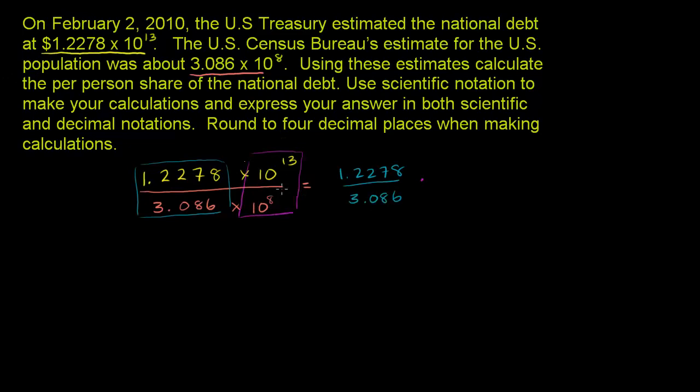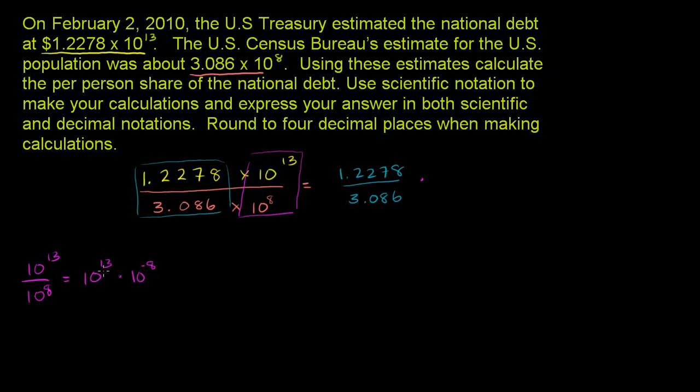Now what's 10 to the 13th divided by 10 to the 8th? Let me do it over here. The way I think about it, this is the exact same thing as 10 to the 13th times 10 to the negative 8. If you have a 10 to the 8th in the denominator, that's like multiplying by 10 to the negative 8.